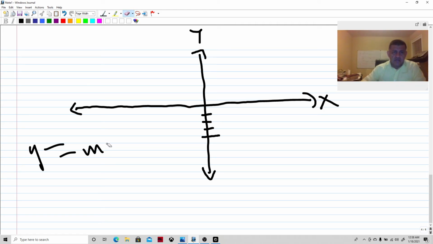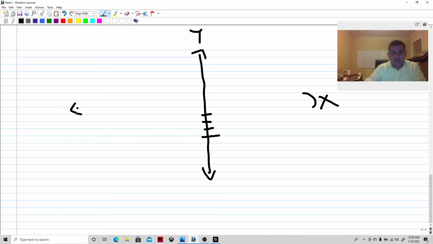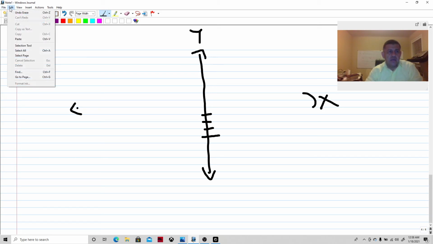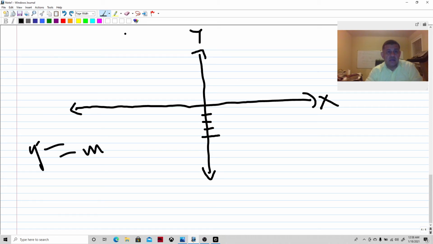So if y equals mx plus b, then this is b right here.